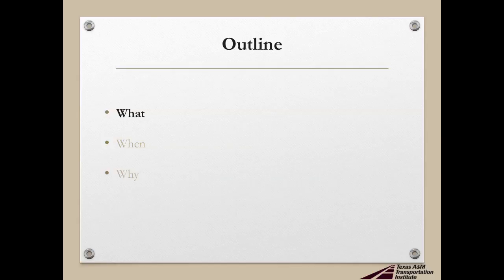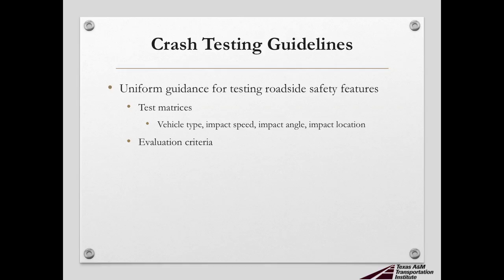What is MASH? Basically, MASH stands for Manual for Assessing Safety Hardware. It is a document that provides uniform guidance for testing roadside safety features, such as guardrails and other types of barriers and crash cushions and so forth. When we say guidance, what does it provide?